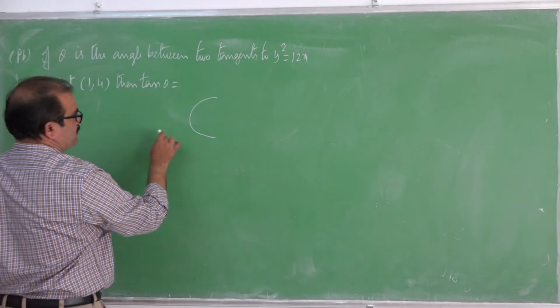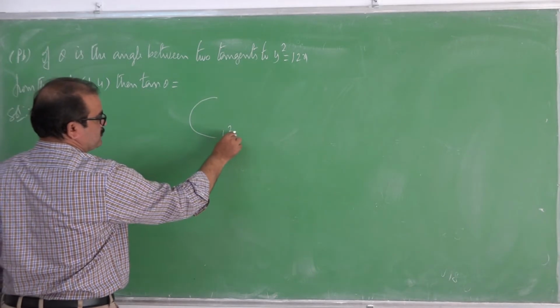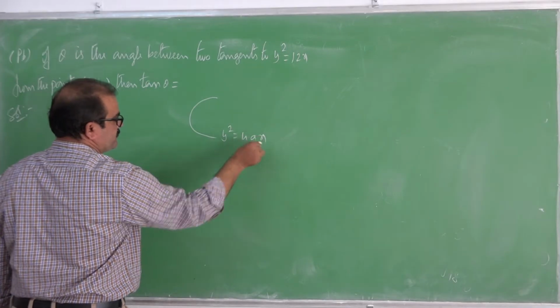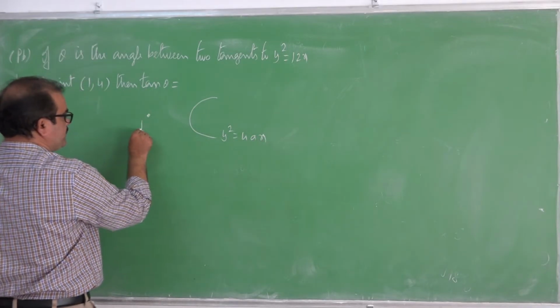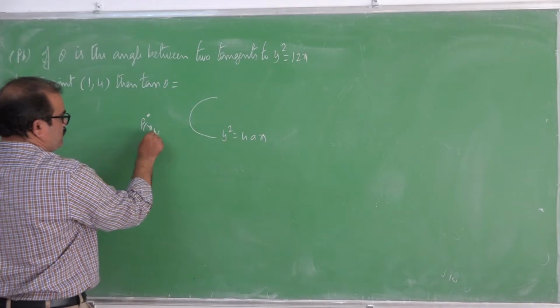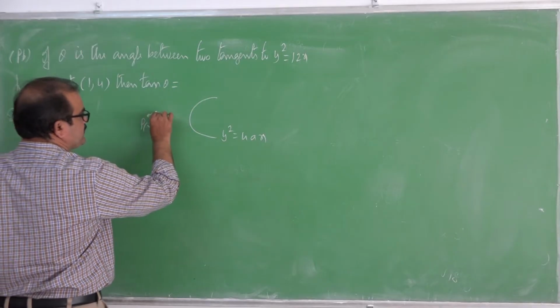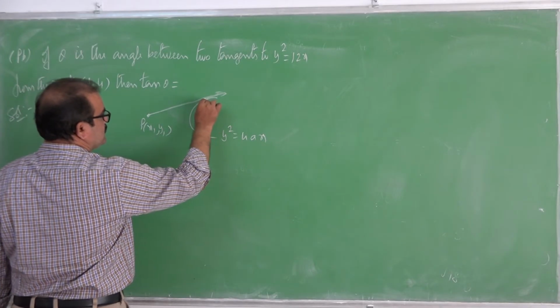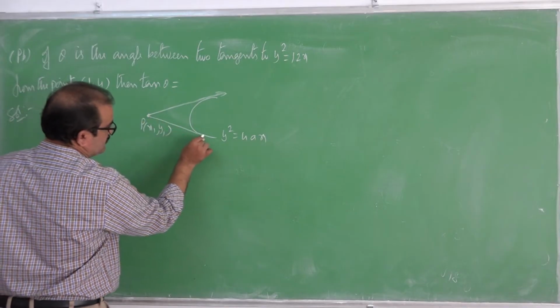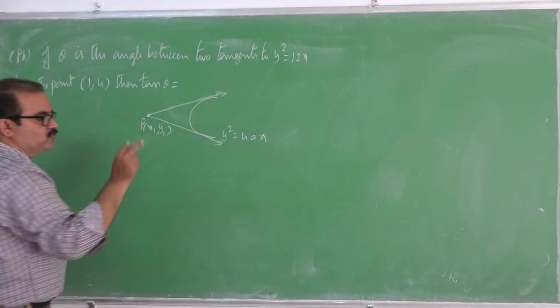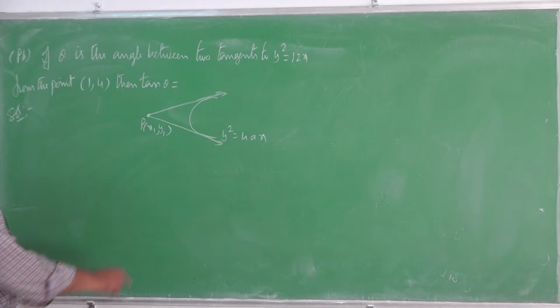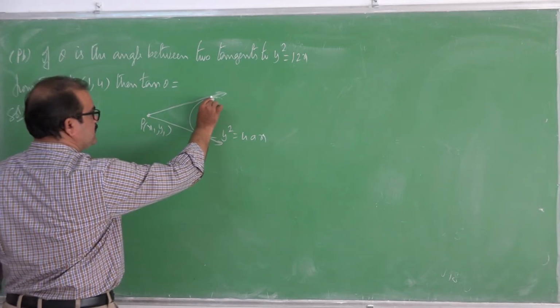See here, it is the parabola y square is equal to 4ax. From an external point, how many tangents are drawn to this parabola? This is one tangent and this is another tangent. Two tangents are drawn from an external point to the parabola.